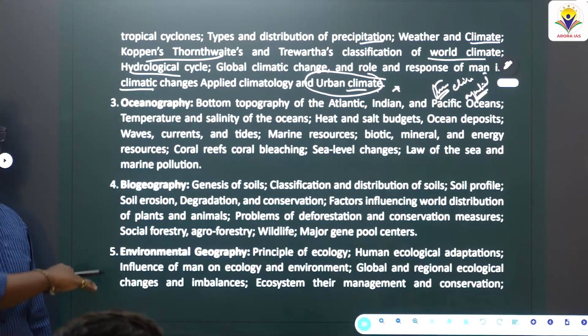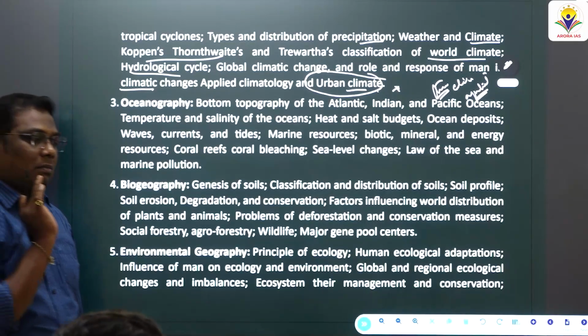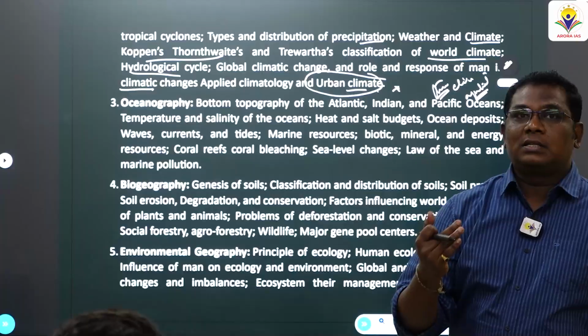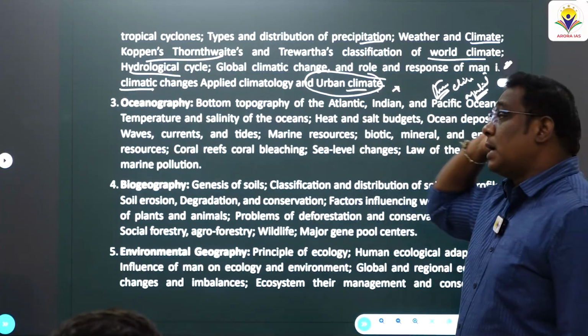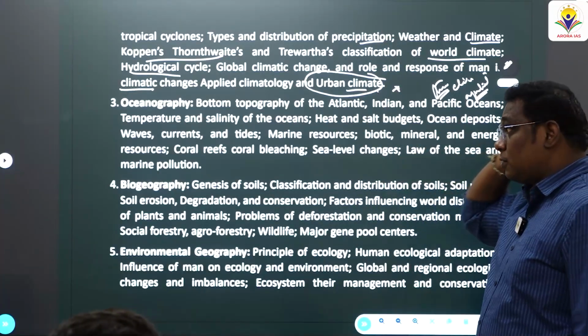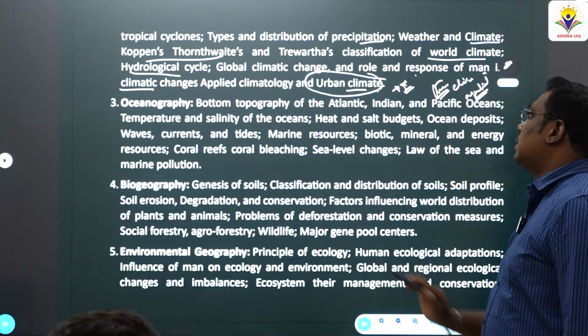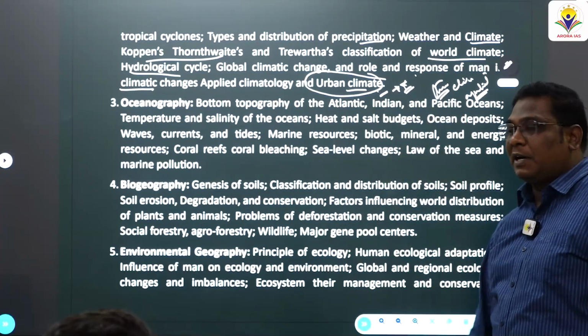That's why the waters have been entering the urban area, submerging the underground, submerging the buildings, leading to more devastating floods than those of the temperate or tropical cyclones. So this became one of the most important problems in recent times, urban climate. We will see more elaborately.